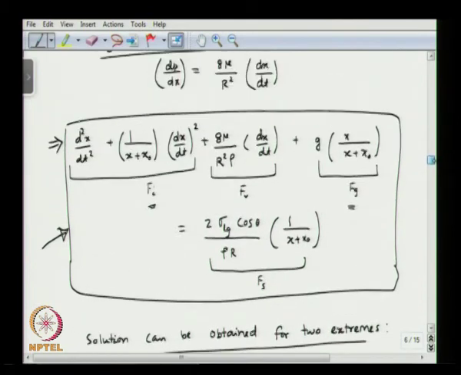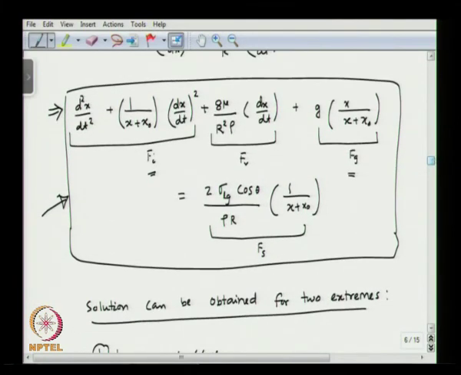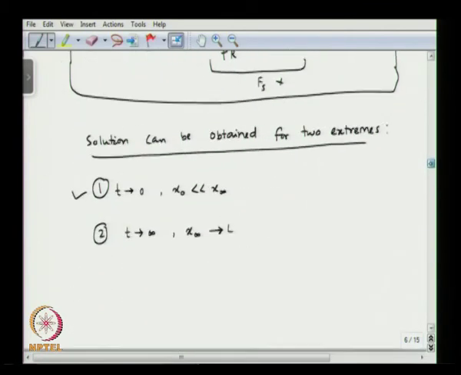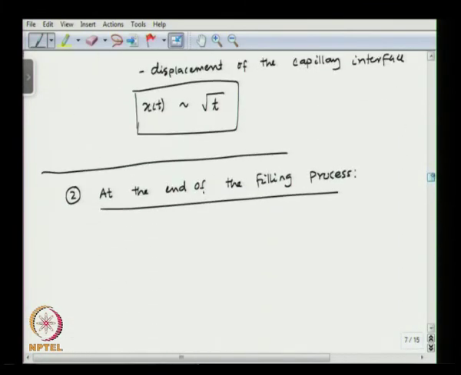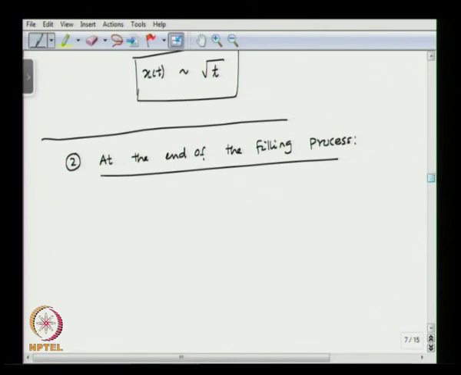So, in the general equation we drop the inertia and the surface tension force from the equation.